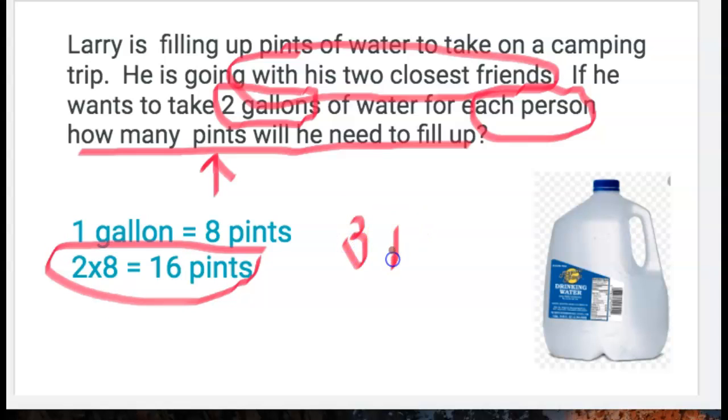So to finally solve this problem, I'm going to have to do 3 times 16. So 3 times 6 is 18. Carry the 1. 3 times 1 is 3 plus 1 is 4. So actually, the answer to this problem would be 48 pints.